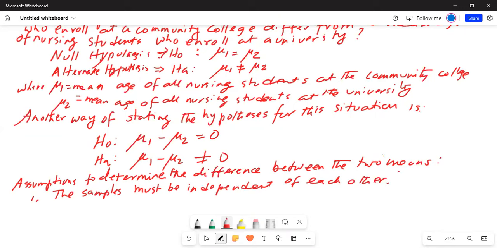That is, there is no relationship between the subjects in each sample.